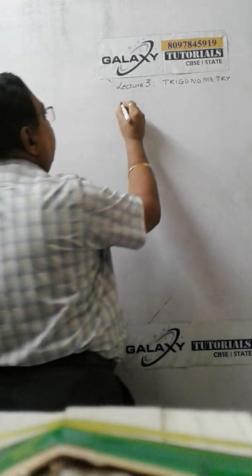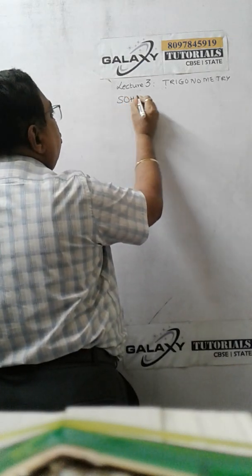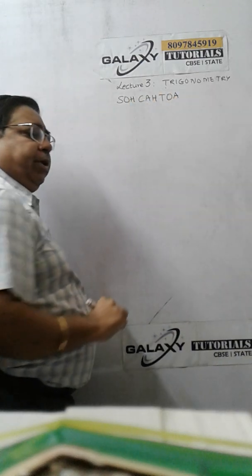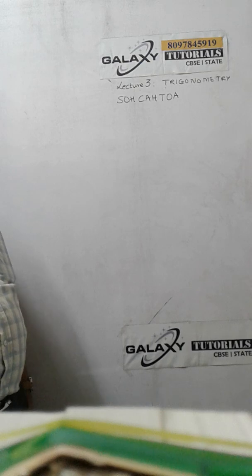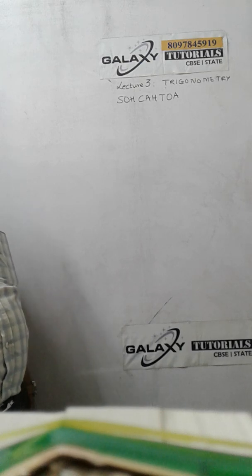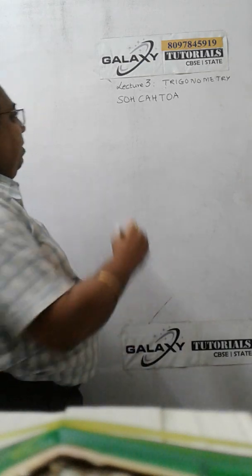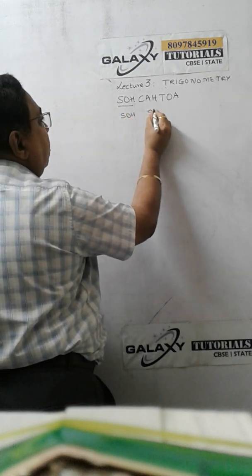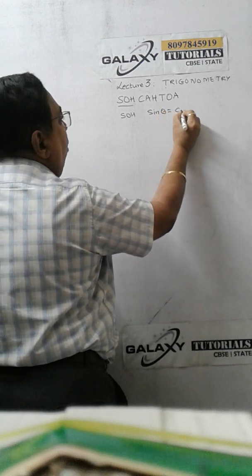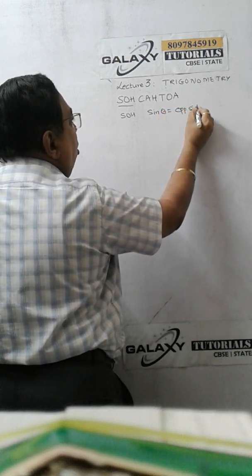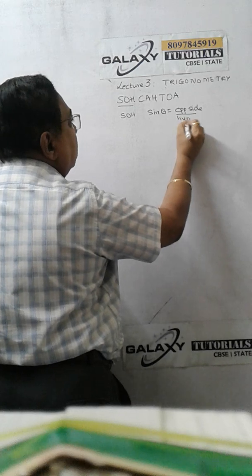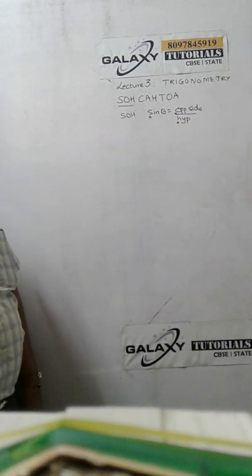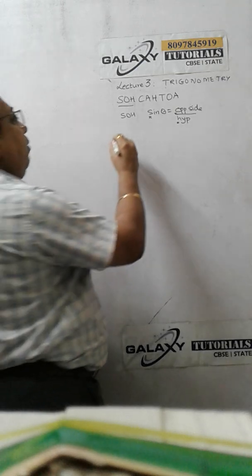Now, how to remember? This is the trigonometry mantra which you should remember. This I will catch first. Sine theta is opposite side upon hypotenuse. SOH. So, I will go for the next one.